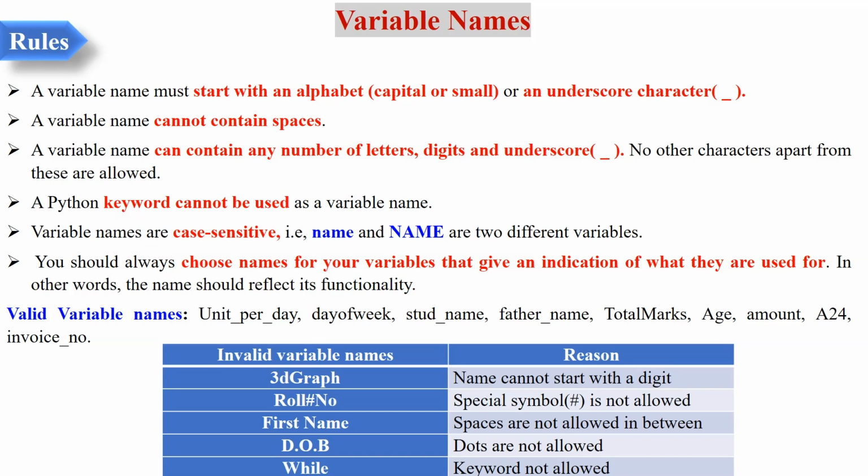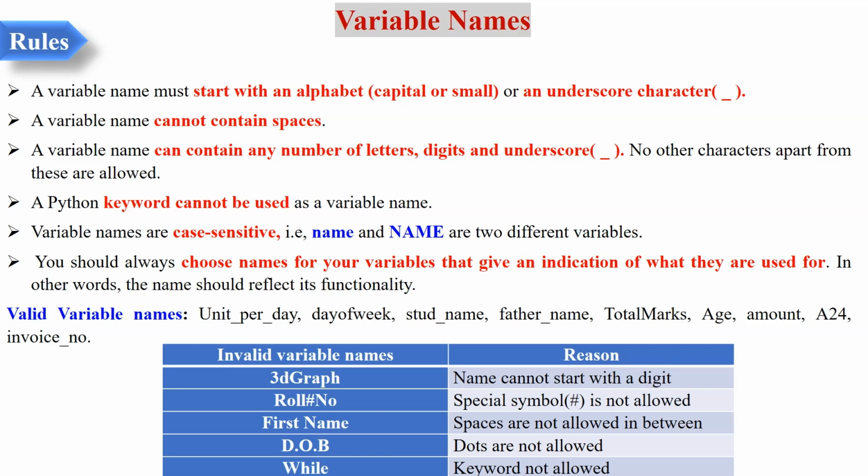A Python keyword cannot be used as a variable name. Variable names are case-sensitive, that is, lowercase name and uppercase name are two different variables. You should always choose names for your variables that give an indication of what they are used for. In other words, the name should reflect its functionality.